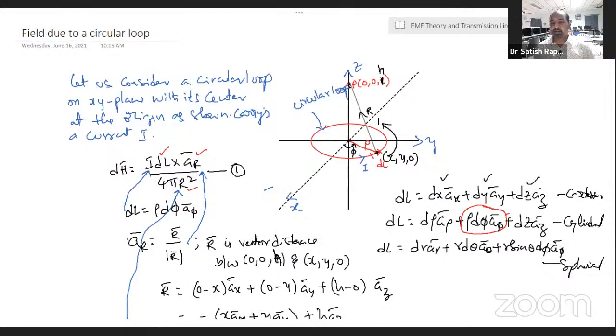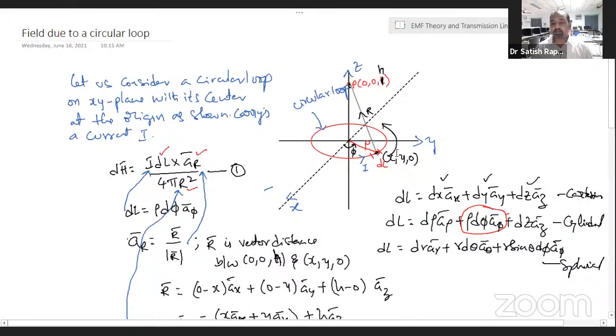To determine the magnetic field at point P, let us consider a differential length dl at (x, y, 0). Because the circle is on the XY plane, the z component is 0.